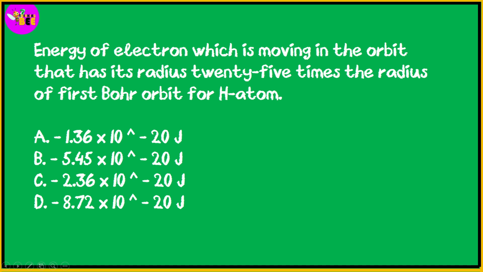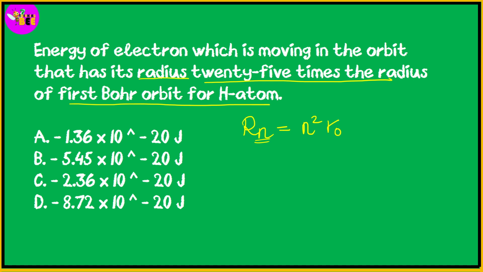So let's see the information we are given. We are given that the radius of the orbit is 25 times the radius of the first Bohr orbit for hydrogen atom. Now, the radius for an orbit of principal quantum number n is given by n square into Rho, where Rho is the radius of the first Bohr orbit for hydrogen atom.